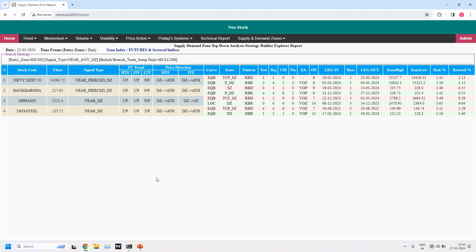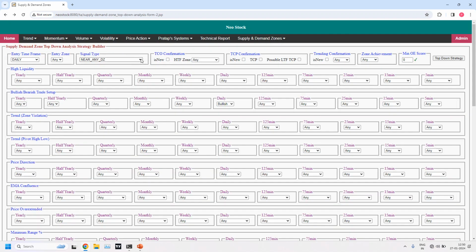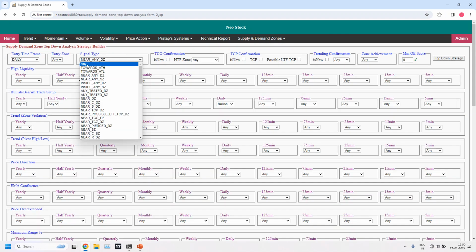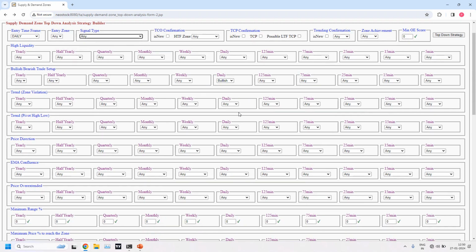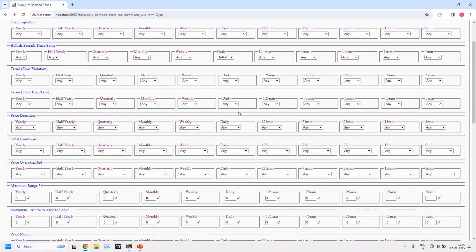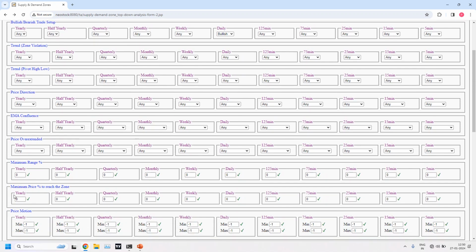This is one way you can search, or there is another way. Instead of near any demand zone, I can also filter based on the percentage. Here we have a column, maximum price percent to reach the zone. In the daily time frame, you specify the count.